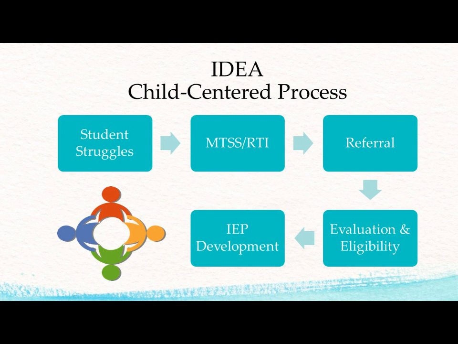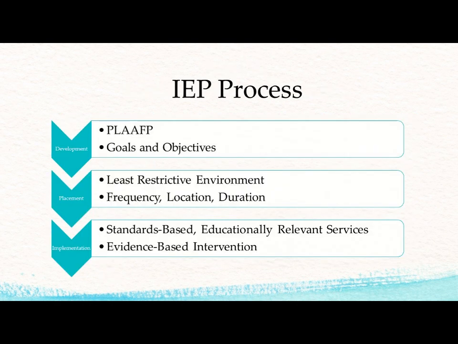general curriculum. On the next slide, you can see that the IEP process has three distinct phases that are sequential: IEP development, placement decisions, and implementation. For initial IEP development, the IEP team considers the present levels of academic achievement and functional performance, or PLAAFP, that are described in the evaluation report.